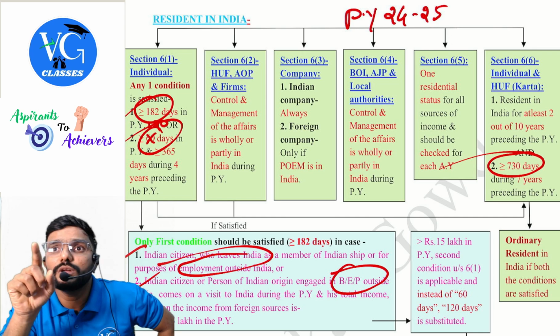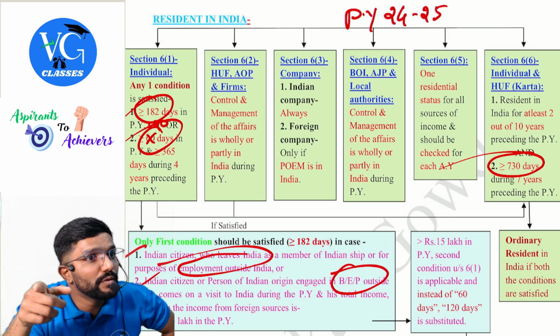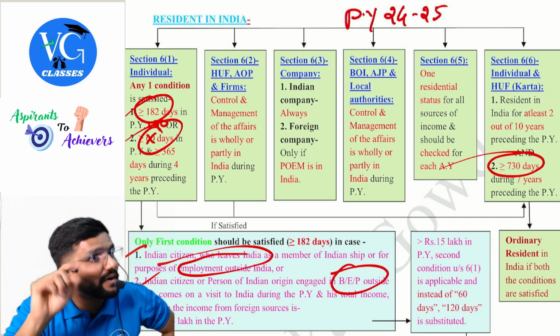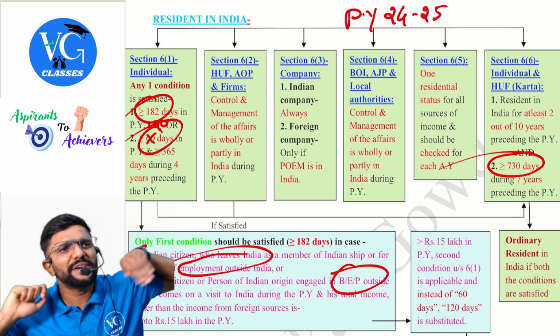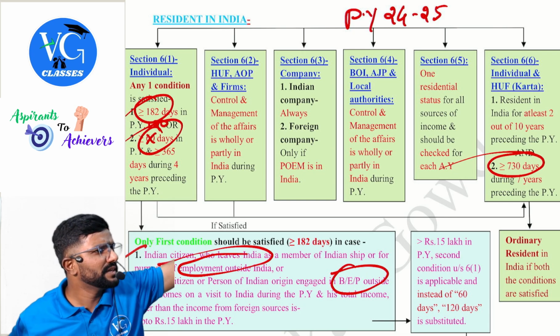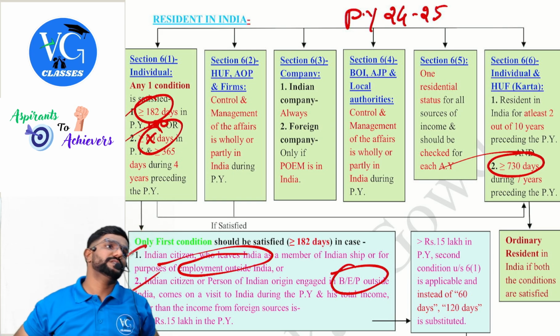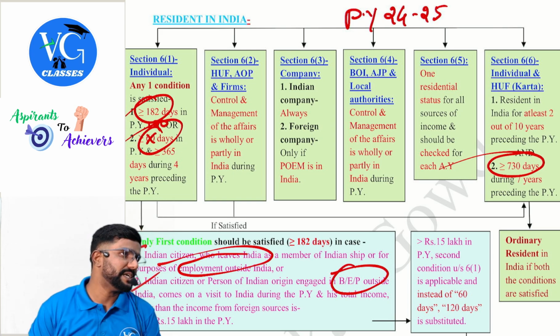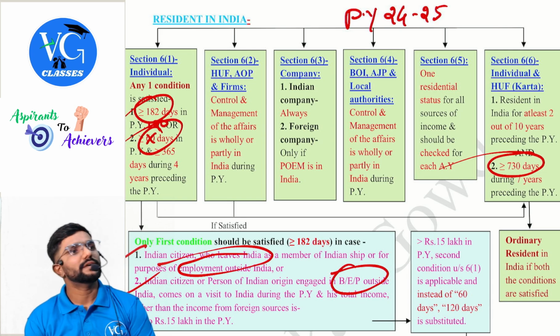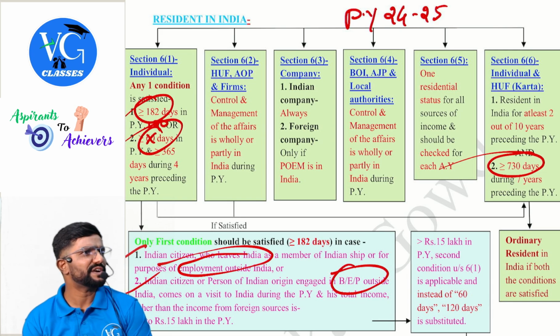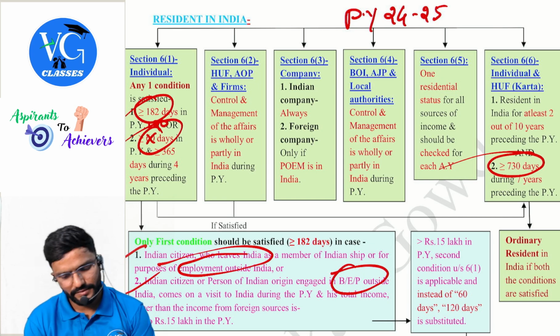No. They said if Karta satisfies both, then HUF is ordinary. So irrespective of the residential status of Karta, if he satisfies both, the residential status of HUF is ordinary resident. Hope you guys got it. Clear?